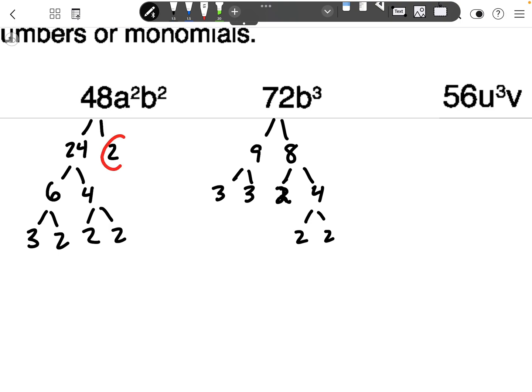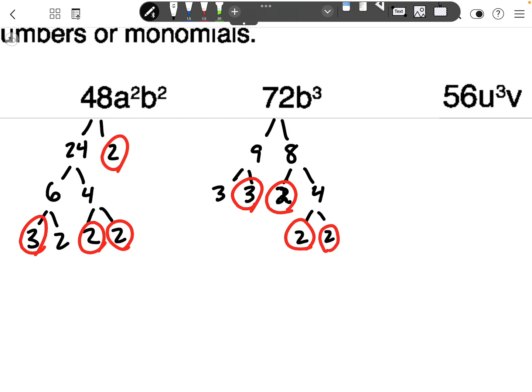So we're only going to 2, 2, 2, 2, 2, and then I have 1, 3. So I have 2 times 2 times 2, which is 8, times 3 is 24. So 24 goes into both these numbers.